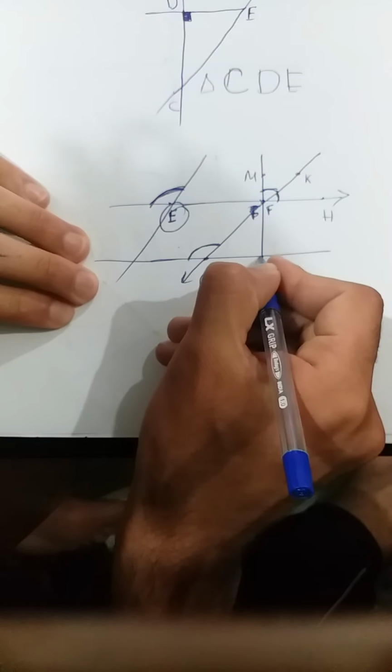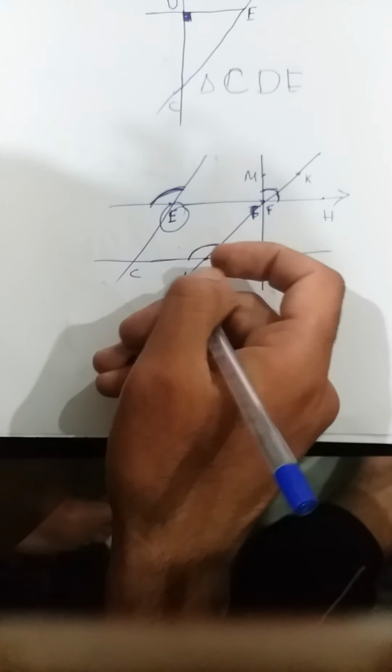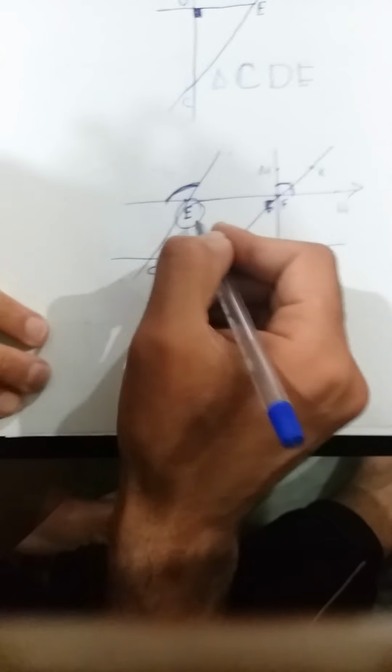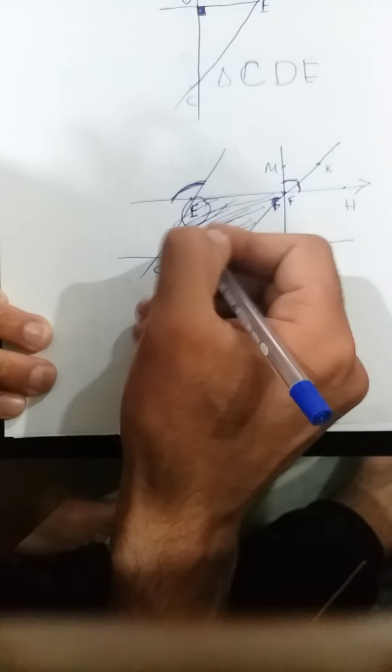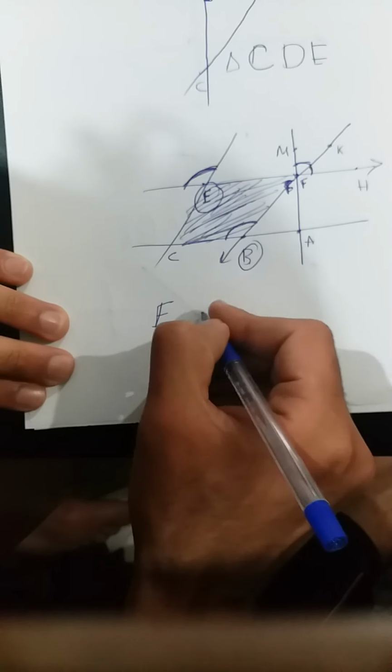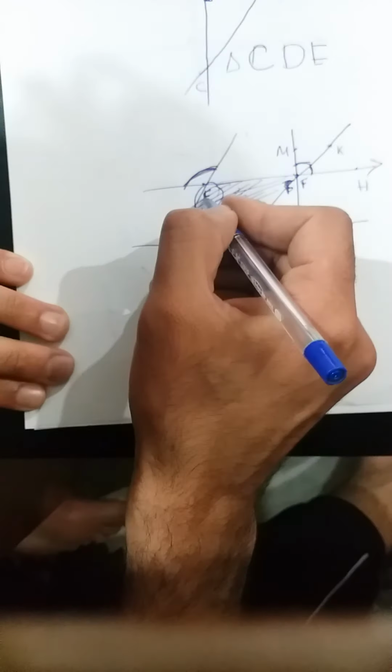Name a quadrilateral. The meaning of a quadrilateral is any shape in the whole world that has 4 sides, which is here. This is C. I'm going to shade it. This is a quadrilateral, which is here E, F, B, C. I'm going to write it like this, EFBC.